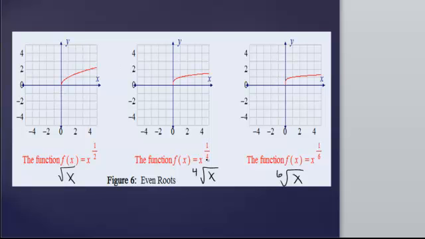Notice how whenever you change this to the power of 1/4, or you change your index to a 4, this gets really, really close to the y-axis. It makes more of a curve here than before, and it doesn't get steep quite as fast. Whenever you start increasing that denominator, it continues to get less steep, and it gets even closer here to your y-axis.